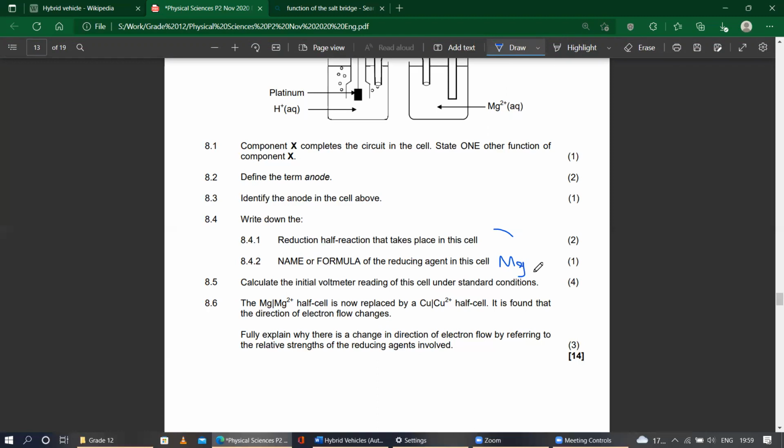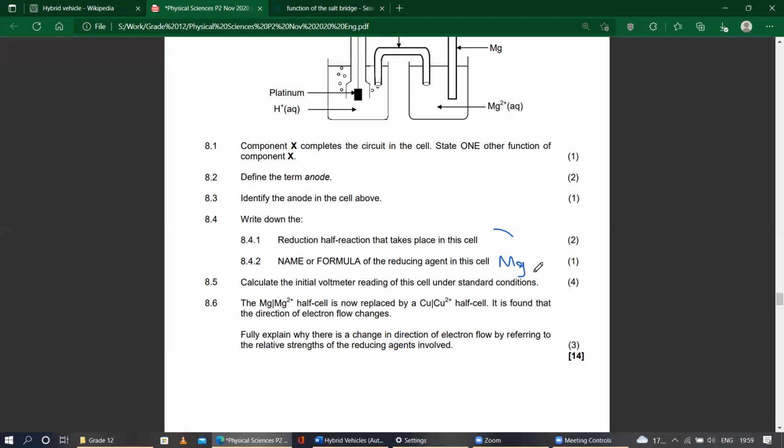They say calculate the initial voltmeter reading under standard conditions. In this case, you're just going to use E cell is equal to E cathode minus E anode.